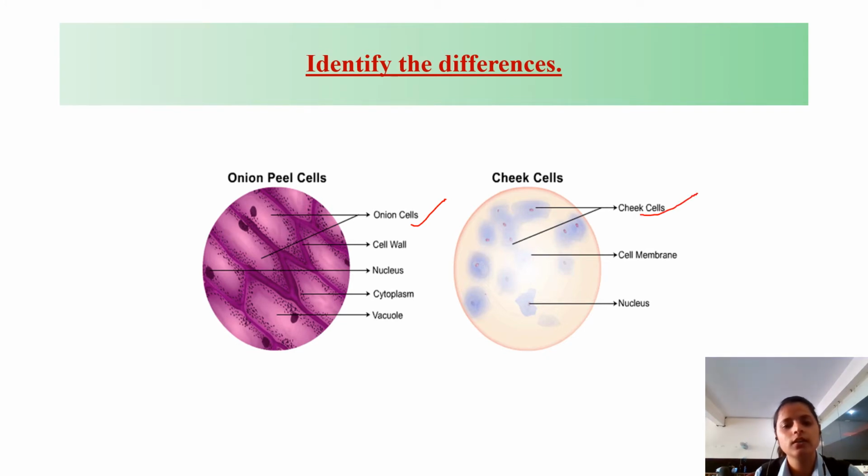Cell membrane is there, cell wall is here. Cytoplasm is present in both, vacuole is also present, and nucleus. We can see that the cell wall is present in the onion peel cell, but not present in the cheek cell. Likewise, you need to find out the differences, and you can write them in the chat box. Okay, so now let's move further.